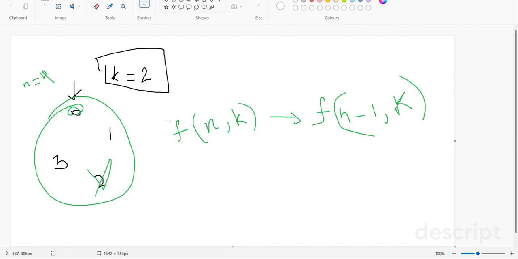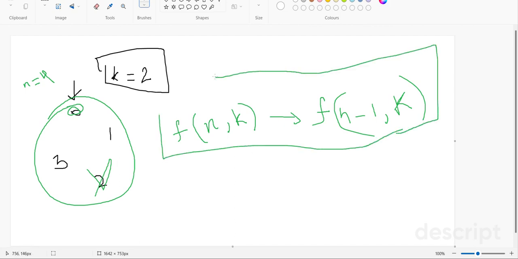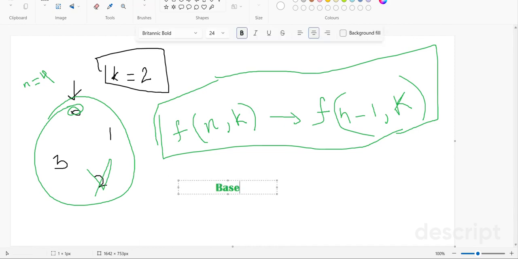So basically, this is the idea which we can follow. And what will be the base condition? This becomes our induction in the recursion. Now, what can be the base condition in our recursion? So the base condition will definitely be if there is only one person in our circle. If there is only one person, then whatever may be the value of k, he will always kill himself.